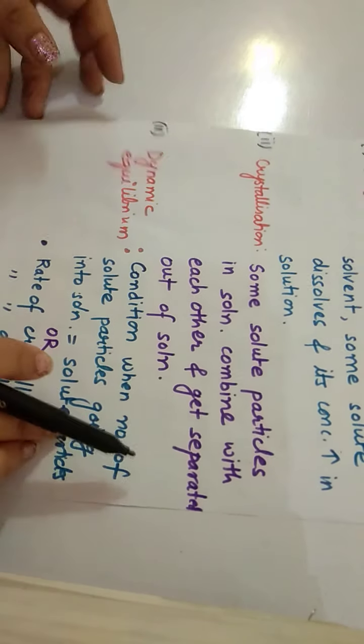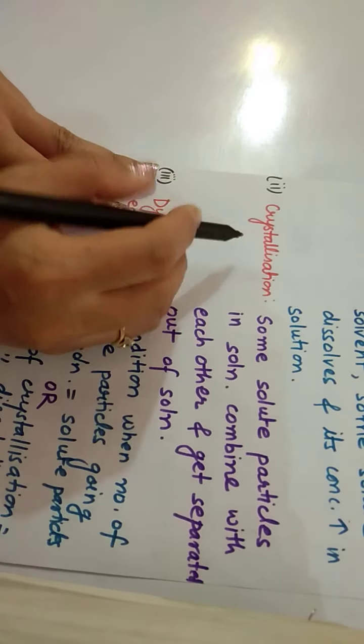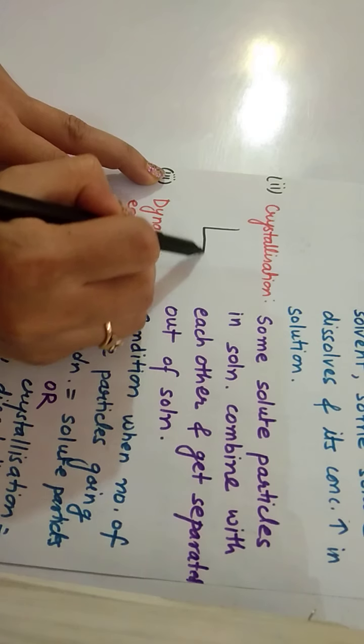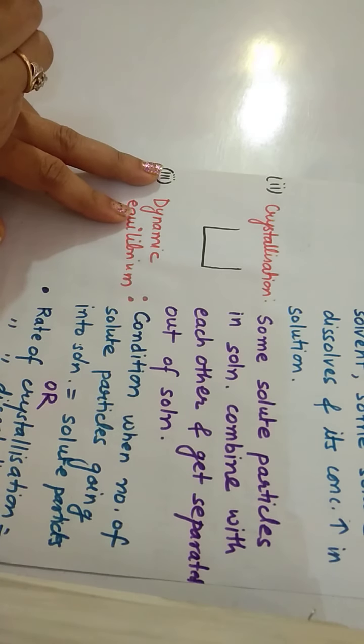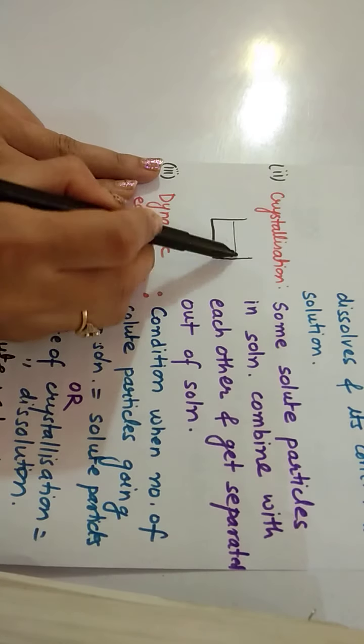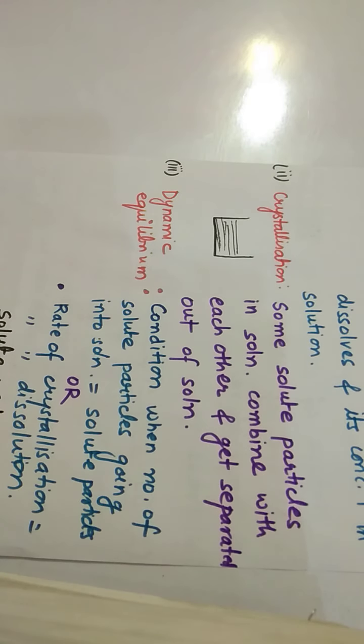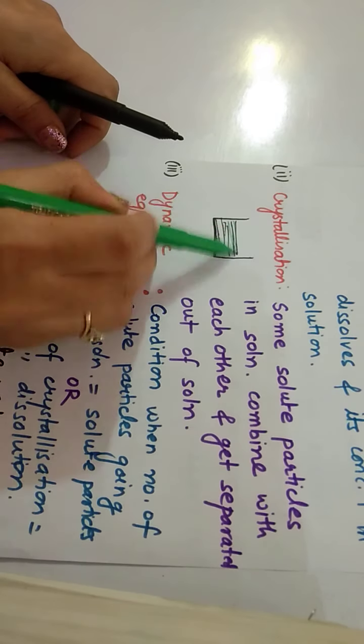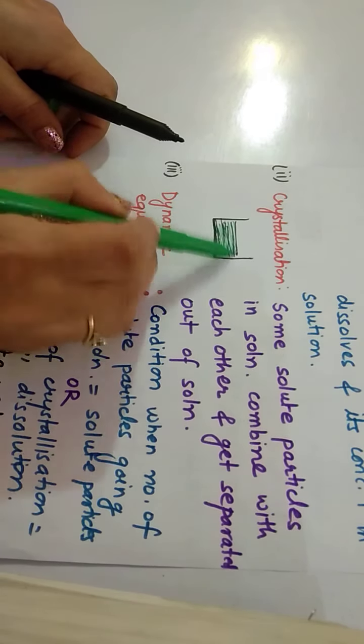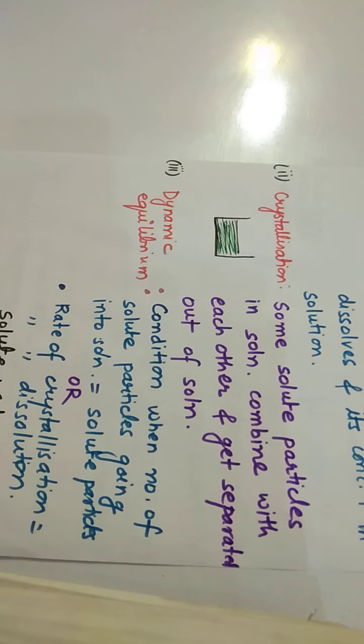Next one is crystallization. Please try to understand this. Here we have taken a glass with water in it. You add sugar particles. So these are the dissolved sugar particles in water. Now what happens after some time?